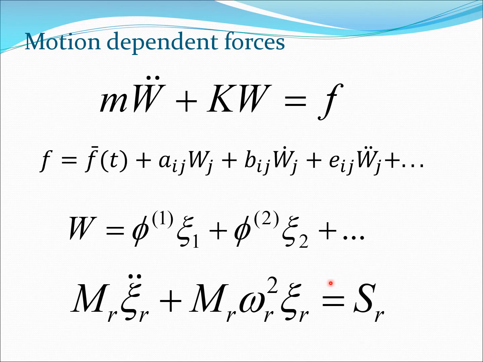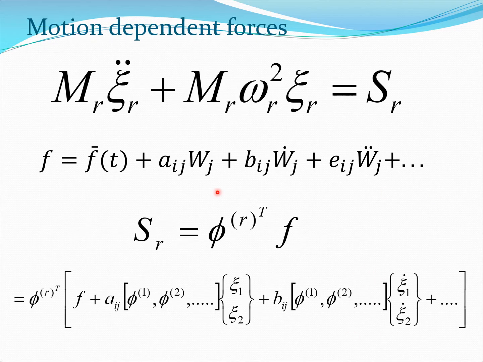And now we are going to concentrate on S_r, which is the main culprit in this particular situation because the motion is going to come here. So now we have our forcing. We substitute this in S_r, and therefore we can expand out S_r in this particular form.